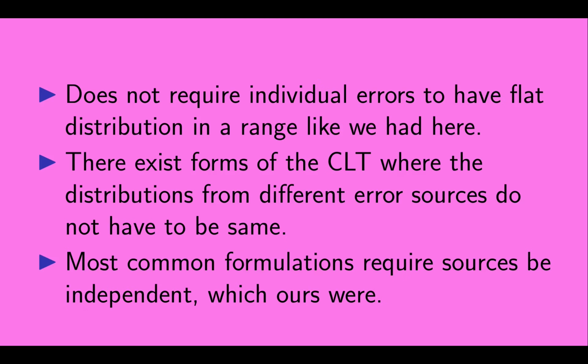The central limit theorem does not require individual error sources to have flat distributions within a given range, like we had here. And there exist forms of the central limit theorem where the distributions from different error sources do not have to be the same. The most common formulations require that the different error sources be independent, which ours were.